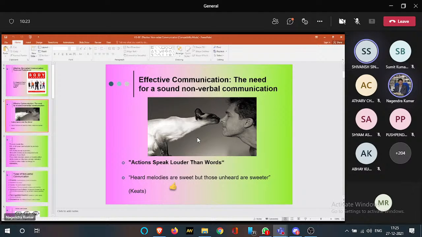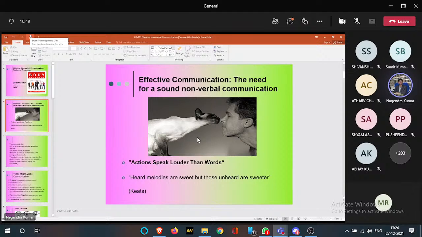We are beginning with a couple of quotes. One is almost a proverbial quote, which says, "Actions speak louder than words." So we might love people who talk a lot, but we might love those people more who talk less but do more. Am I right? Yes, sir.